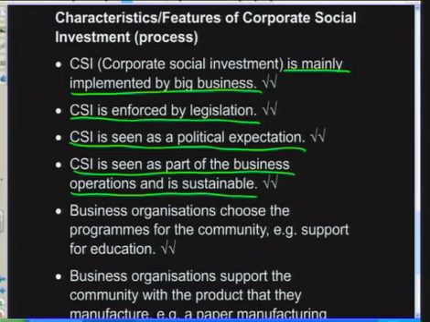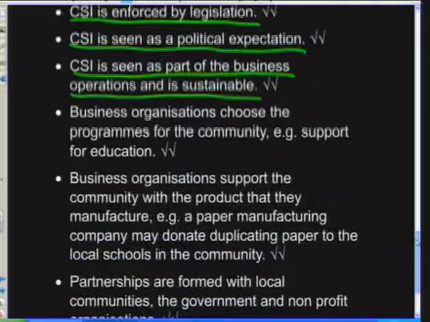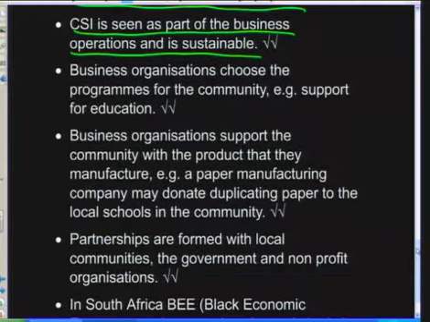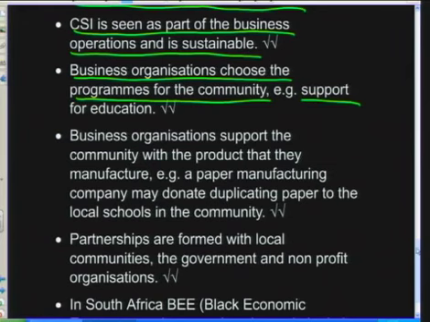Because if we look after our community, they are going to look after us. We're going to have a lot more customers, and in turn, we're going to be able to give a lot more jobs. Business organizations choose the programs for the community. So either they can support education, or maybe HIV AIDS. They choose what they want to do.